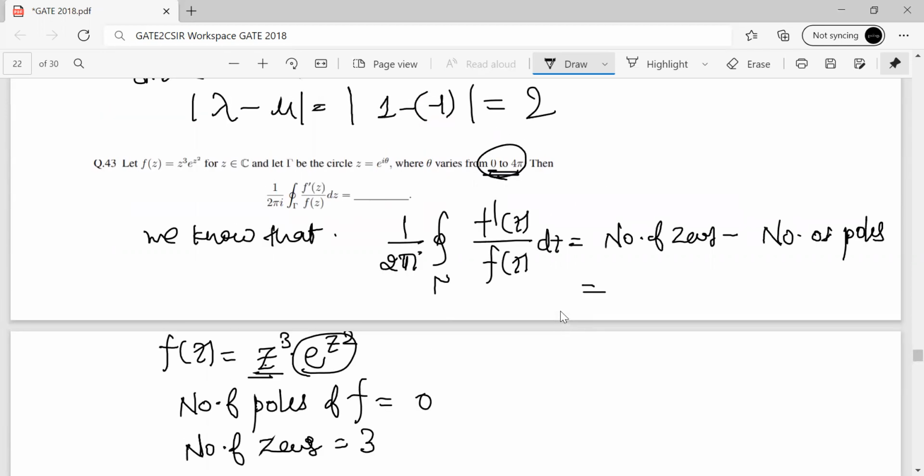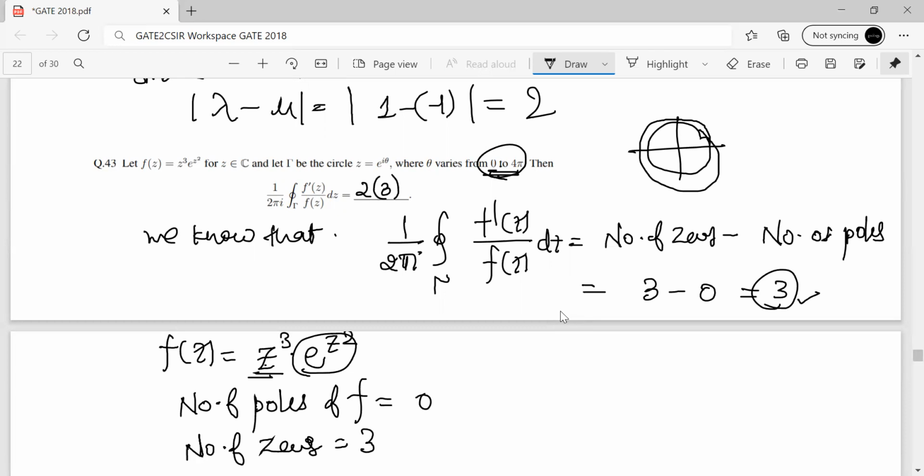So this integral will basically be number of zeros minus number of poles. That will be 3. But the answer is not 3 because theta here is from 0 to 4 pi. That means in one oscillation, when it revolves once, the answer will be 3. But we have to take it one more time. Okay. So it will be 2 times 3. So that will be 6. So the answer is 6.